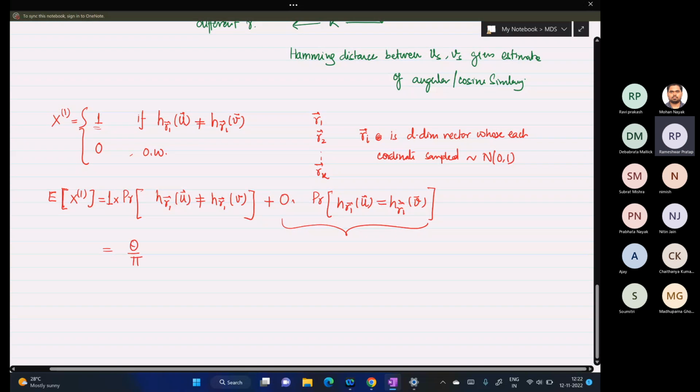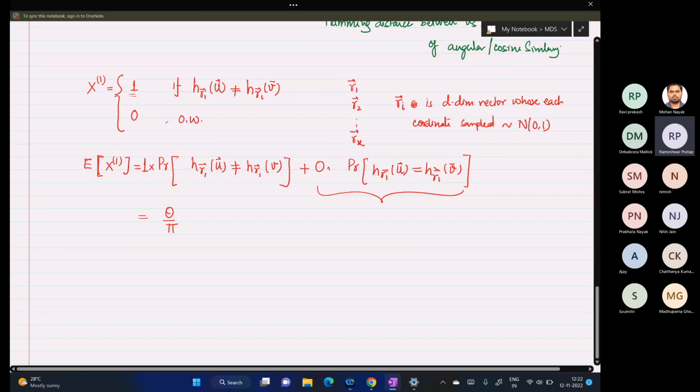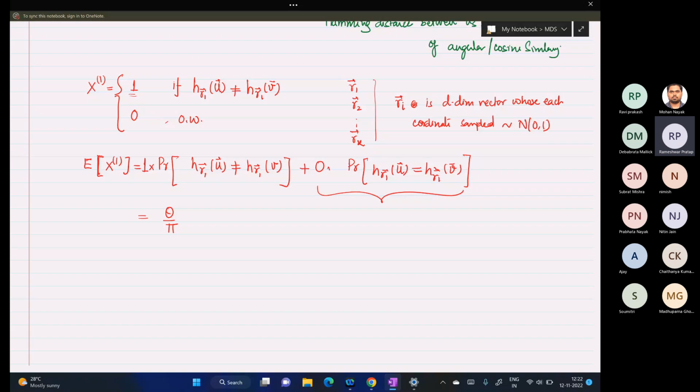Very good. So now we are using k such random vectors, and corresponding to each we define k indicator random variables: x1 corresponding to r1, x2 corresponding to r2, x3 corresponding to r3, up to xk corresponding to rk.